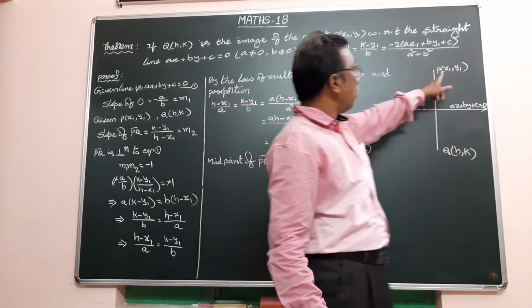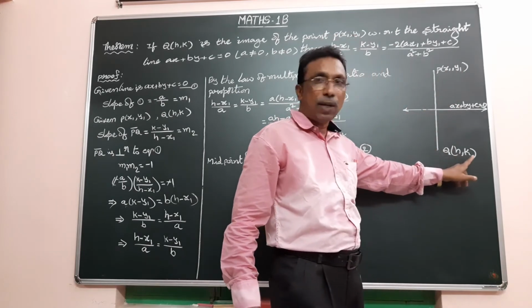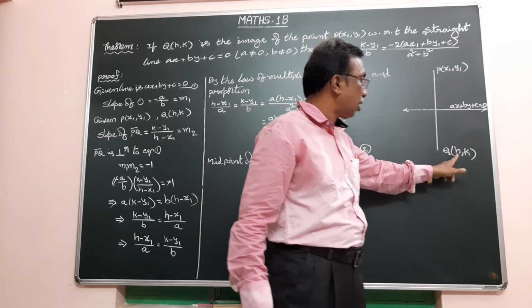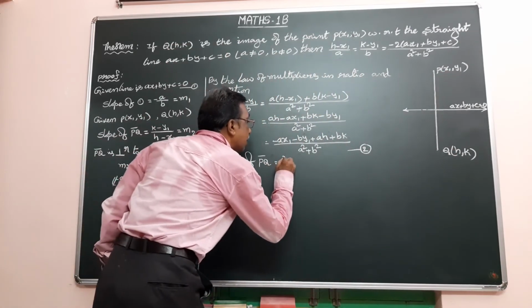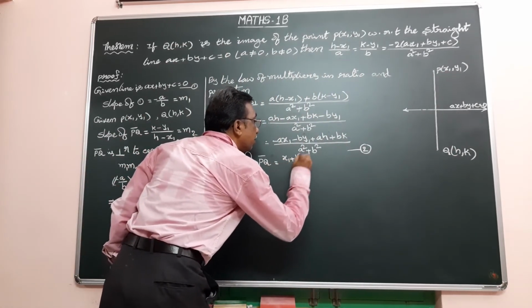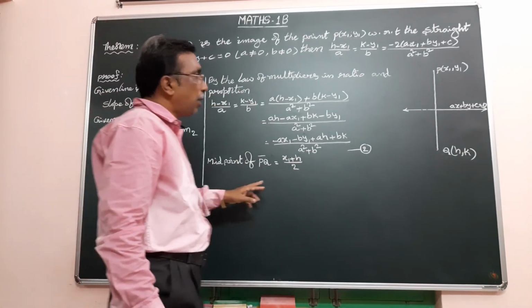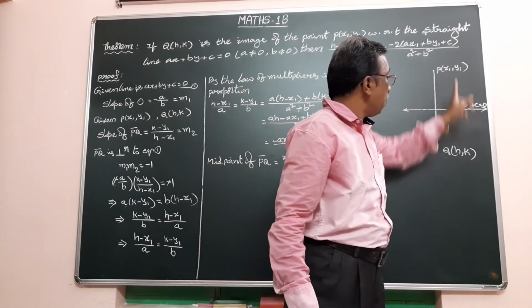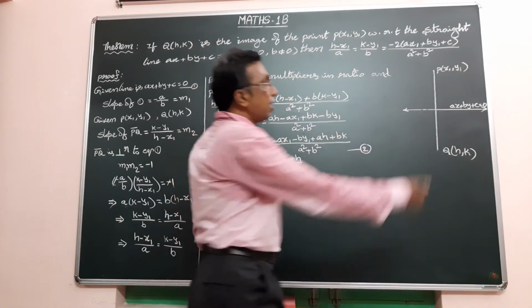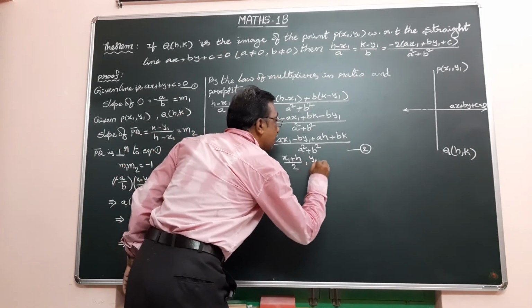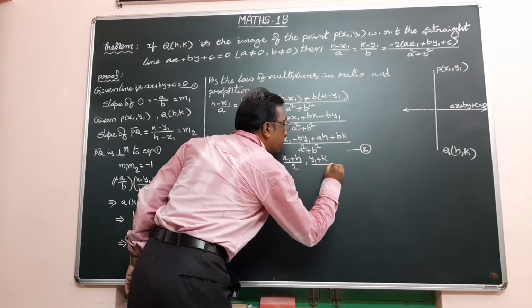Here X1, Y1 is there, and now we consider X2, Y2. Now what is the midpoint? X1 plus H by 2, next Y1 plus K by 2, since Y2 is K.